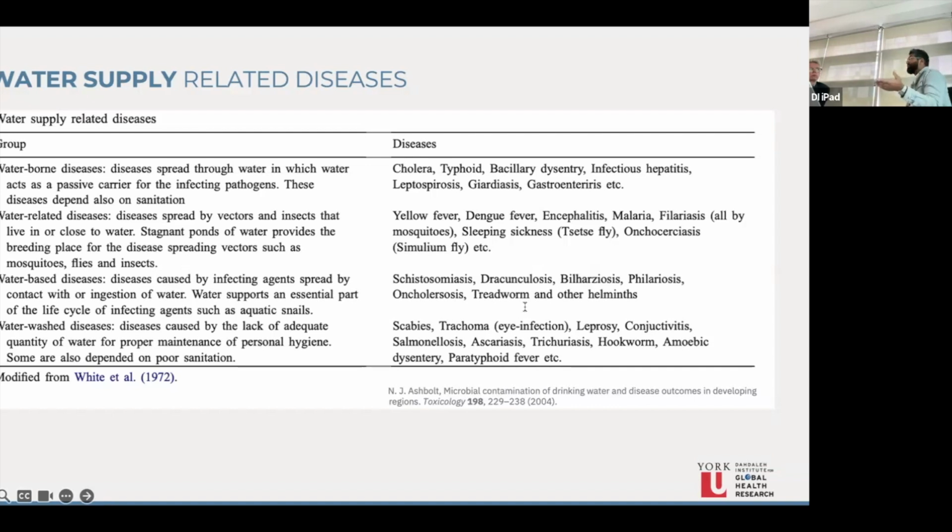And then there are the water wash diseases, which are diseases linked to lack of adequate quantity of water for maintaining proper personal hygiene, the lack of sanitation in the environment, so trachoma and scabies and others. It's the waterborne diseases and the water wash diseases that impose a significant burden on displaced and conflict-affected communities, whereas water-based and water-related diseases affect everybody broadly.